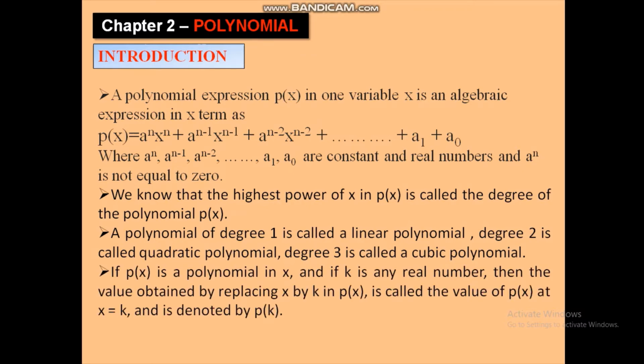Now if we have any polynomial p(x) and k is any real number, then the value obtained by replacing x by k in the polynomial p(x) is called the value of p(x) at x = k and is denoted by p(k).